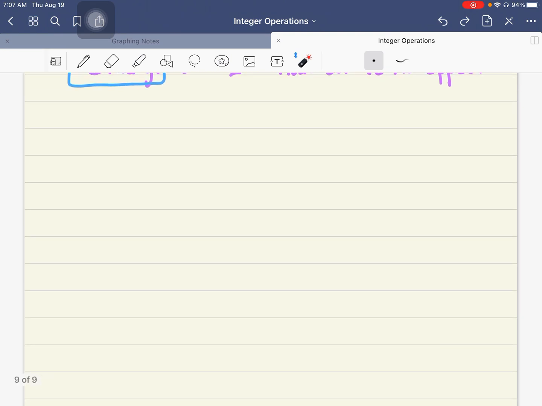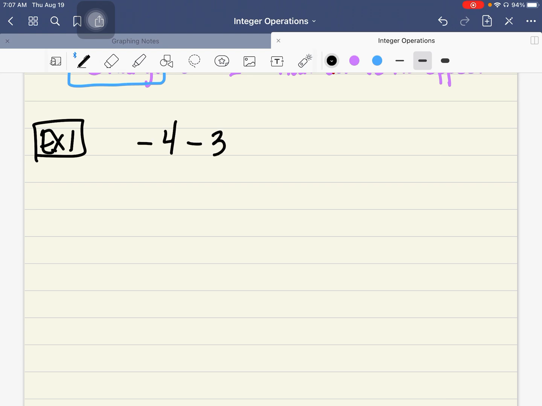All right, so here's our first example. Let's say we want to do -4 minus 3. If we want to do keep, change, change, remember this first keep means keep the first number the same.